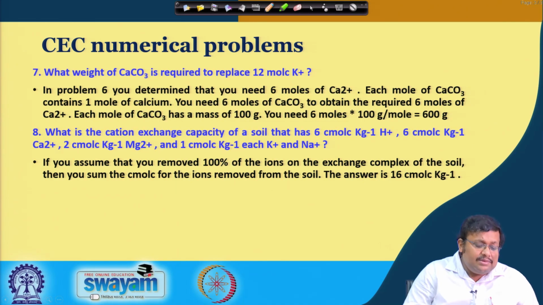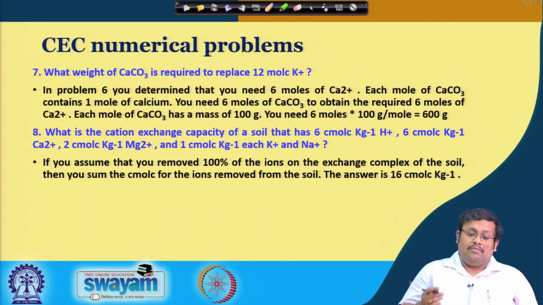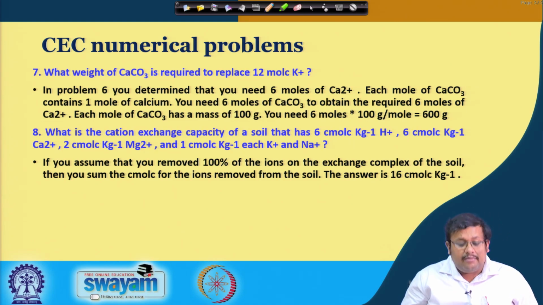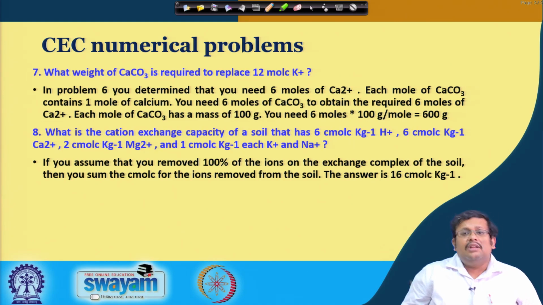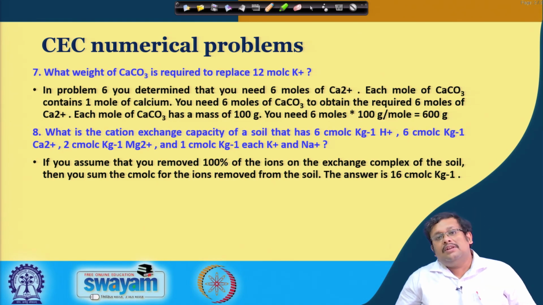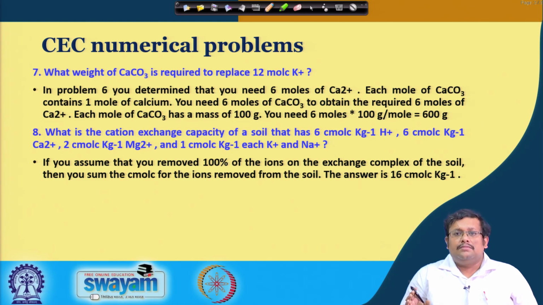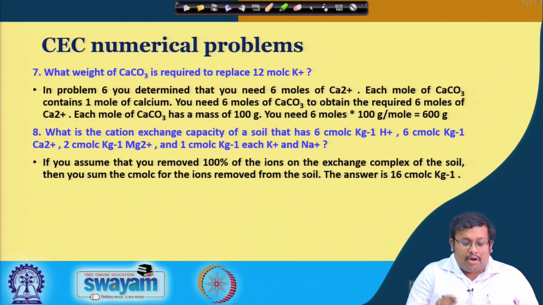The next problem says what weight of calcium carbonate is required to replace 12 molar charge of potassium ion. In the previous problem we determined that to replace 12 molar charge of potassium we require 12 molar charge of calcium ion. So, 12 molar charge of calcium ions is equal to 6 moles of calcium 2 plus ion.